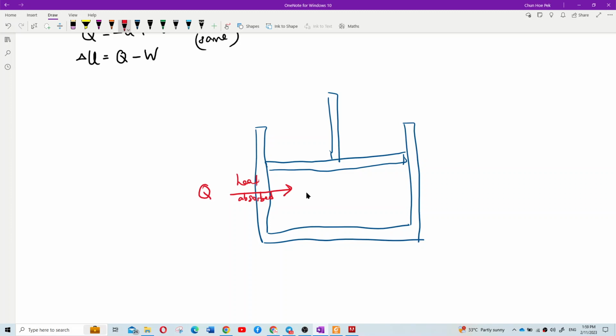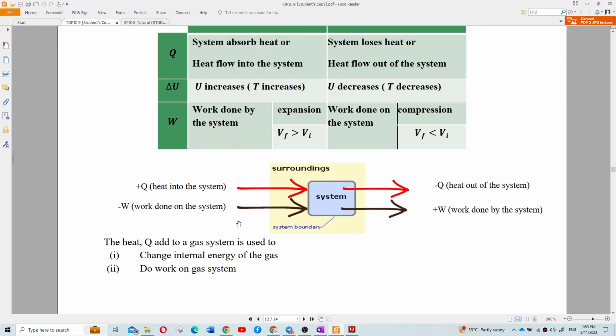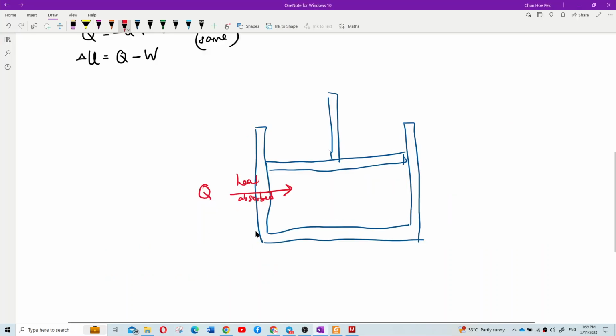Someone tell me. Anyone can open your mic and say something? No one? Heat flows into the system, heat absorbed is positive Q, isn't it, class? Positive, right? Okay, that means it's positive.